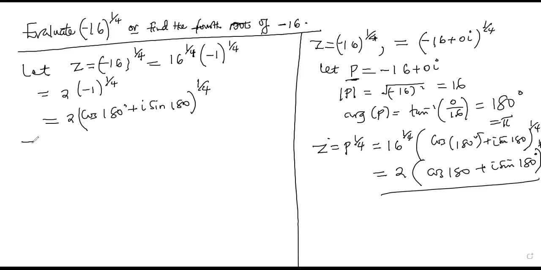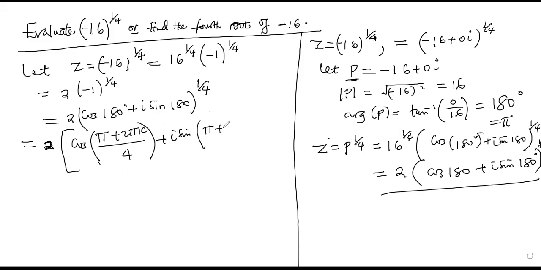So this is the same as 2 into cos of pi plus 2 pi k, where the value of n is 4, plus i sine of pi plus 2 pi k over 4.